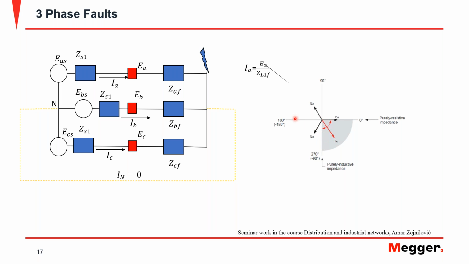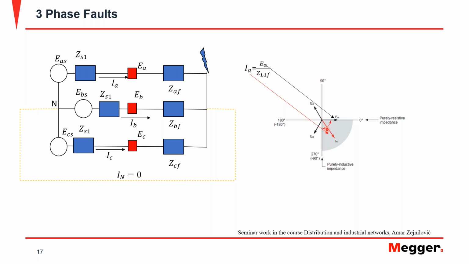And now we see that for no matter what type of fault we have in this line, as long as the line is inductive, the current is always going to lie within this quadrant with respect to the voltage of the faulted line. In this case, all three lines are faulted, so we can do the same for all three phases.